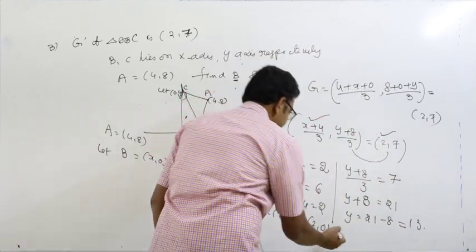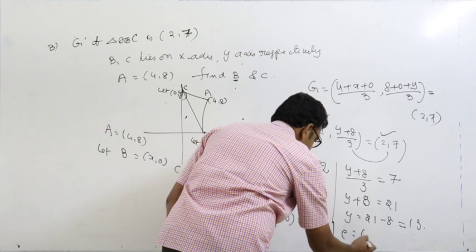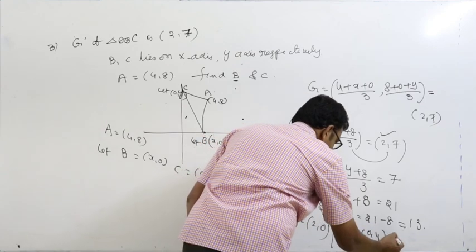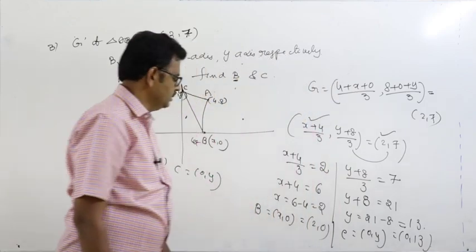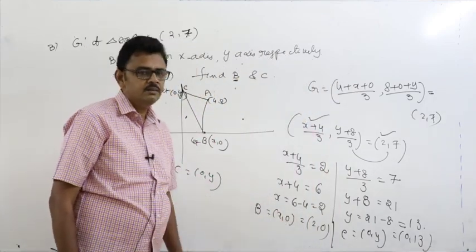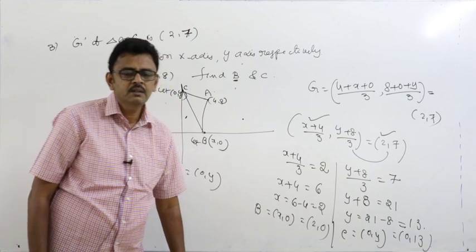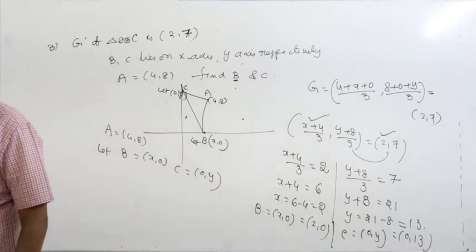Therefore, C coordinates 0 comma y, that is 0 comma 13. So B coordinates are 2 comma 0, and C coordinates are 0 comma 13.